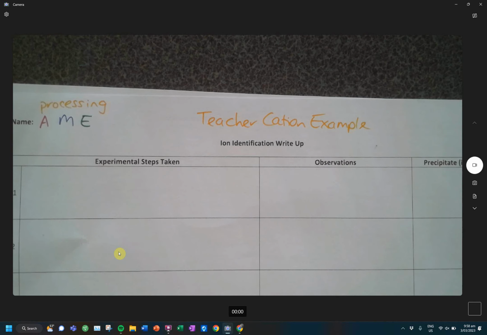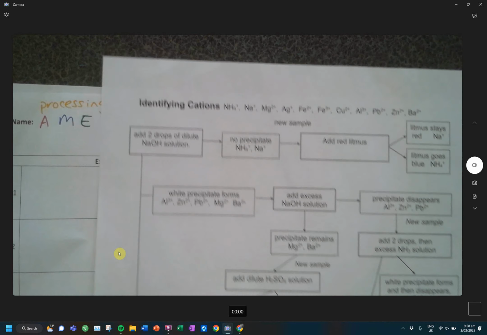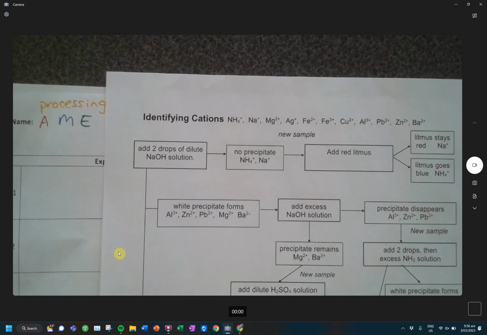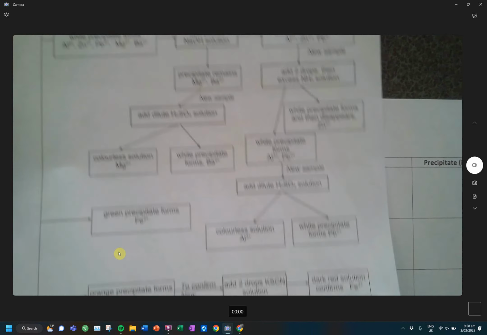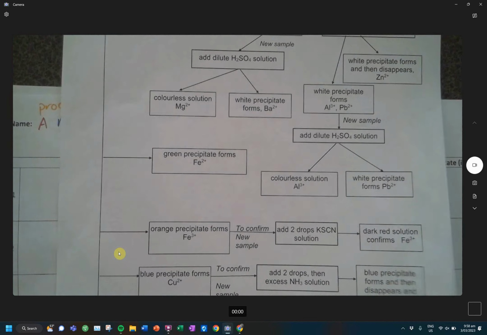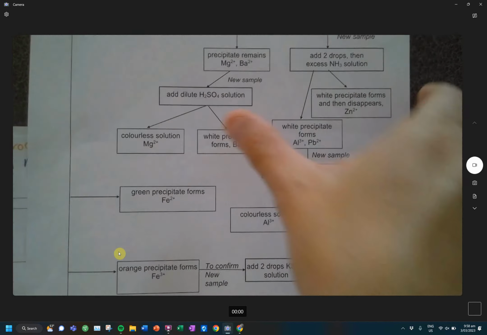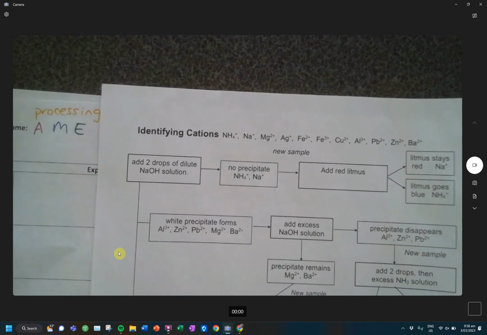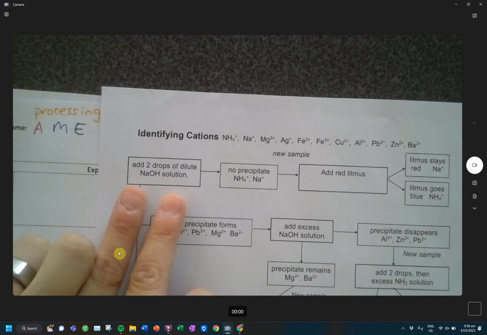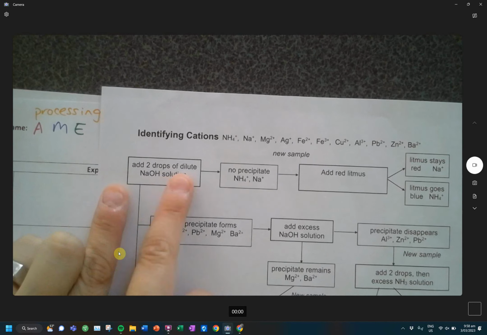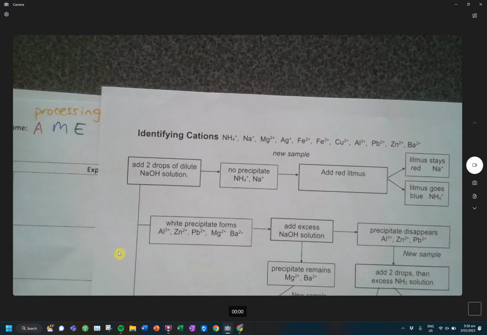All right, so we are now looking at the cation flow chart. Very different looking flow chart to the anion, much, much longer because we have far more ions that we can identify with this flow chart. The first step is to add 2 drops of sodium hydroxide.